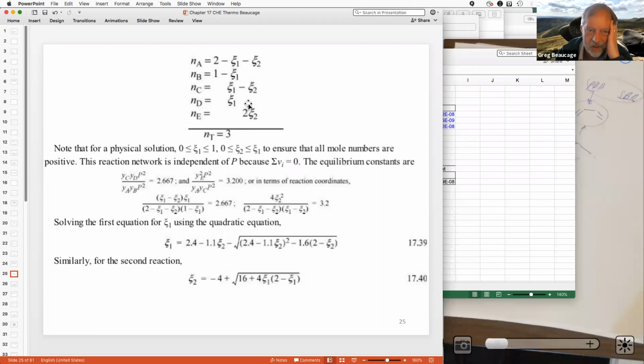If this one has to be between 0 and 1, that limits the other. If this is maximum 1, then this one is going to produce E, so it has to be bigger than 0. And then you can take NC and say that this has to be positive or 0, so that the reaction coordinate 2 has to be less than or equal to reaction coordinate 1.